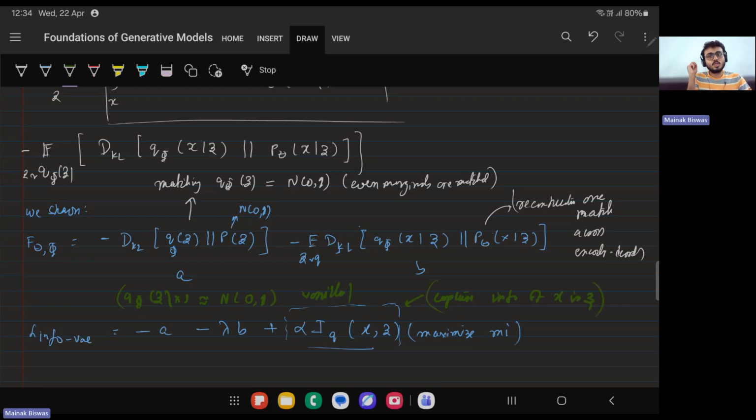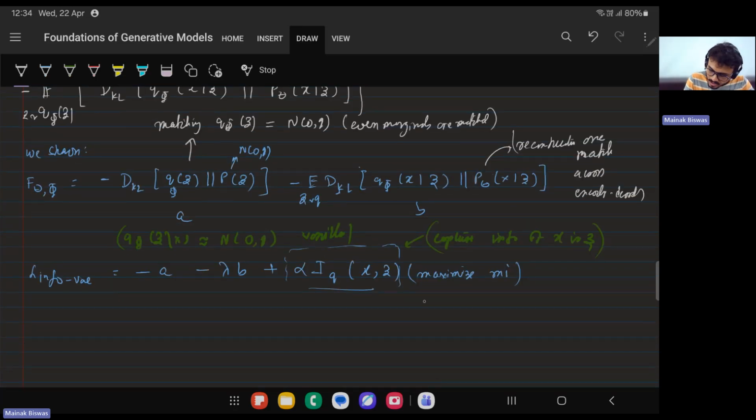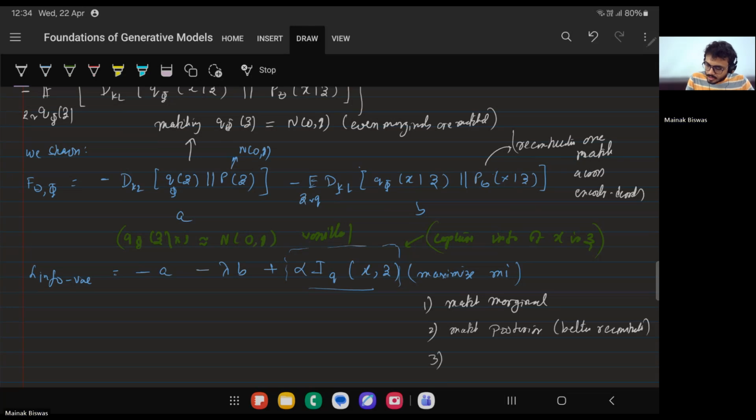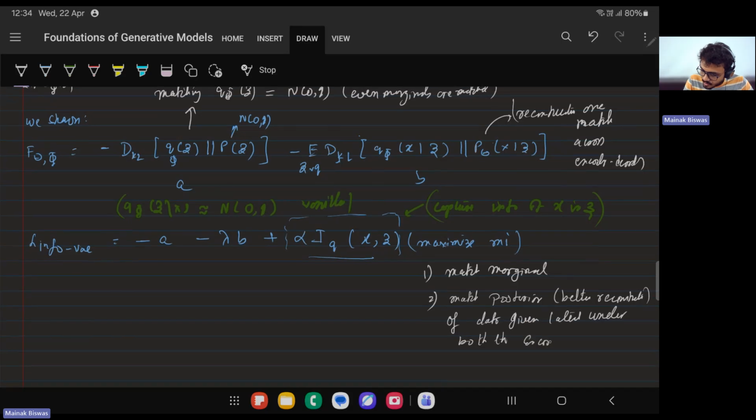So you're doing three things. Match marginal. This is the beauty of the info-VAE. Match posteriors, for better reconstruction, that is of data given latents, under both the encoder and decoder.